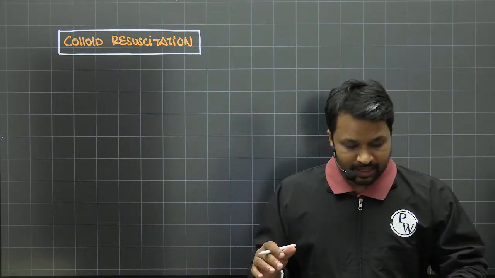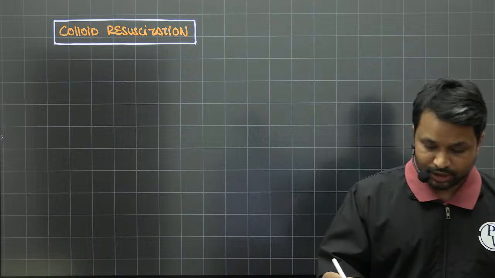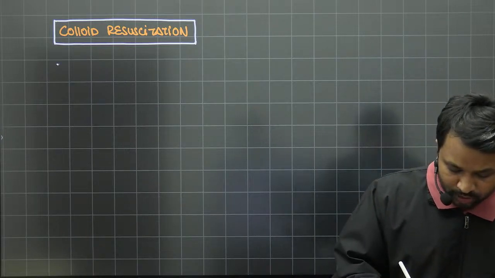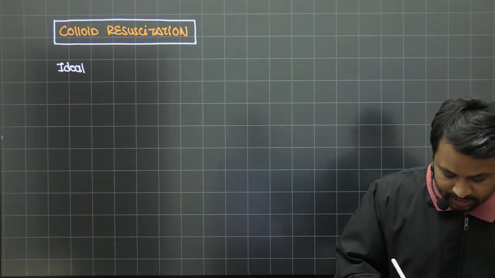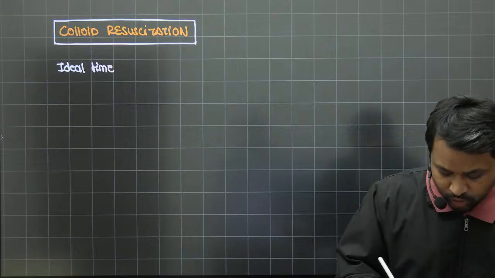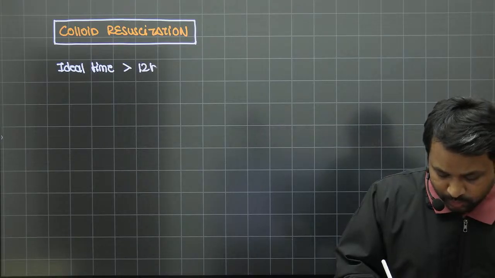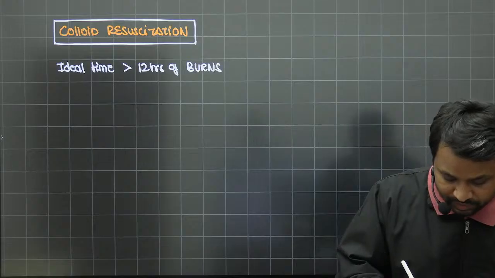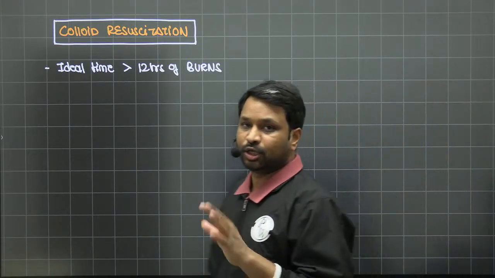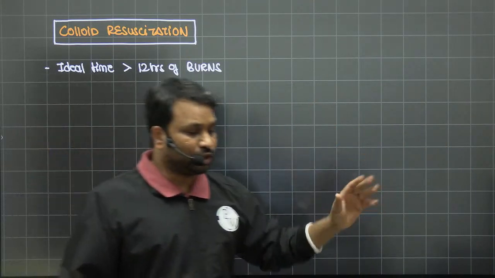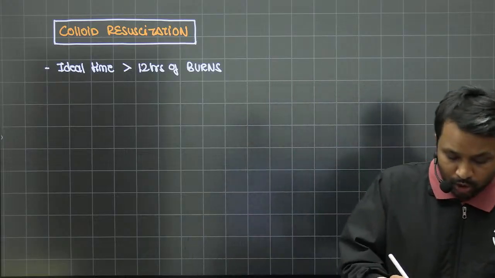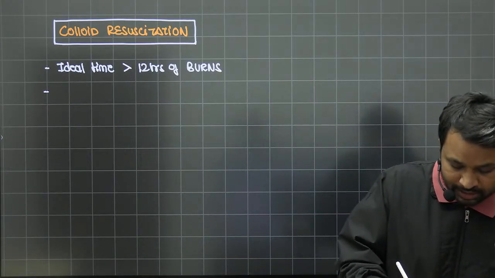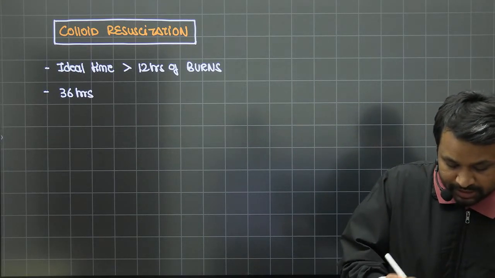Now, if you want to do a colloid resuscitation, the ideal time for colloid resuscitation is after 12 hours of burn. So within the first 12 hours, I will not give colloids. The colloid should be administered only after 12 hours, right? Now, how long can you administer it? Remember, you can administer for 36 hours.